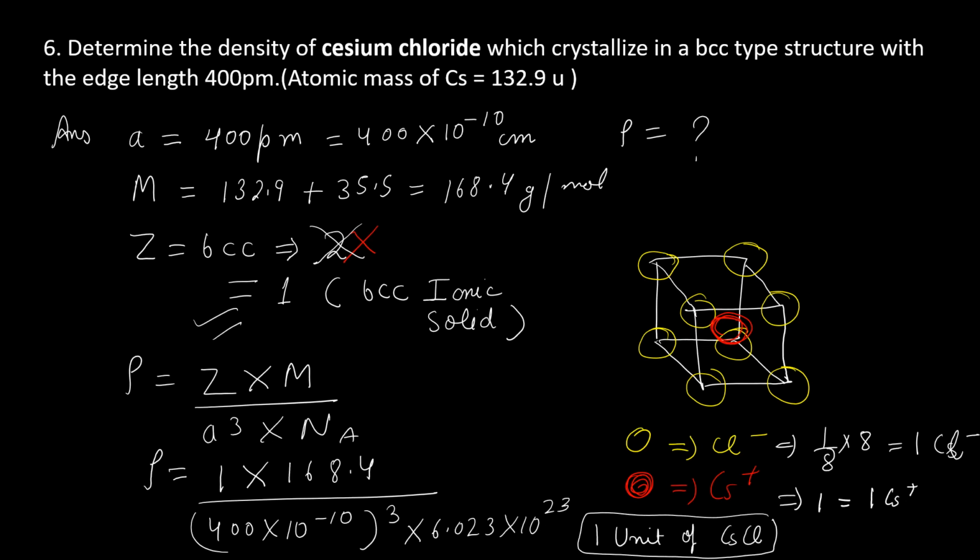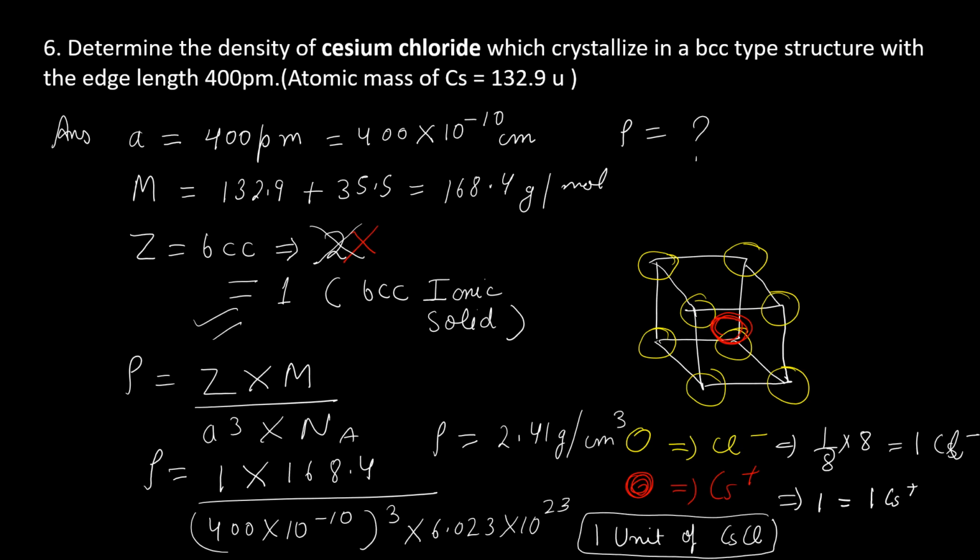Now when you solve it, the density will come out to be approximately 2.41 grams per centimeter cube, since the unit of density is gram per centimeter cube, right? So we will write centimeter cube.